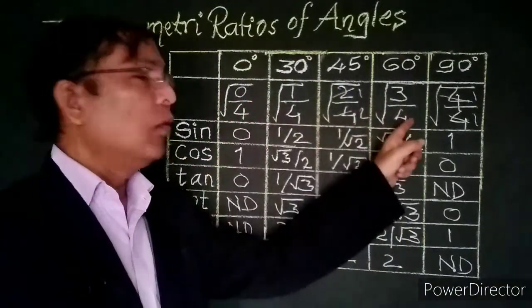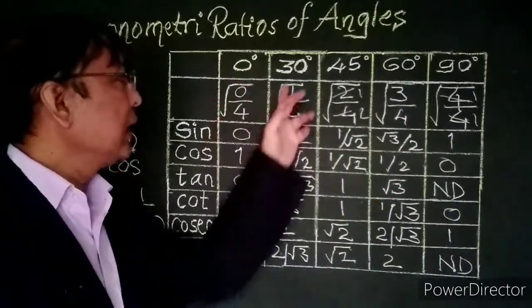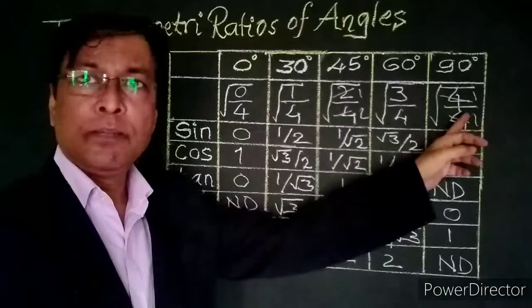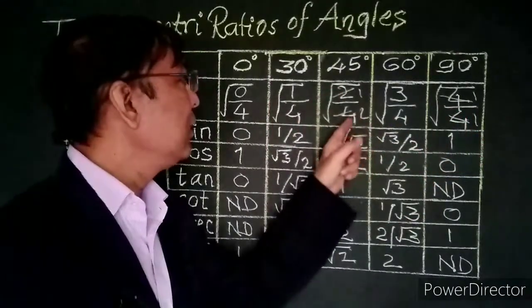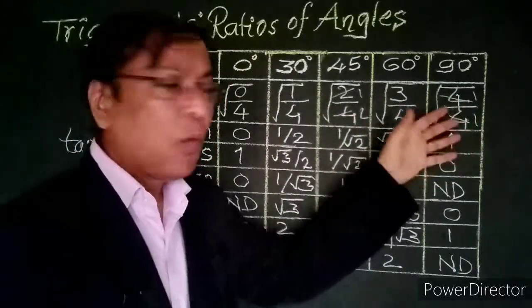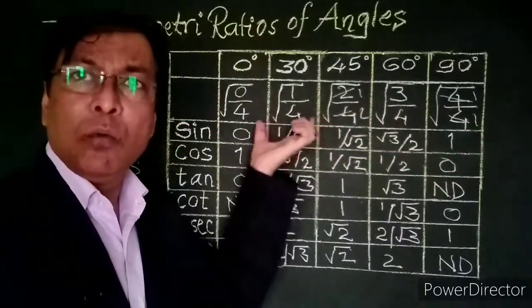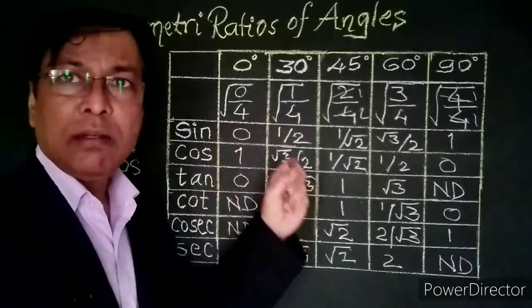Then third step is, we have to take square root sign for each. Then we simplify wherever possible, dividing 2 ones are 2, 2 twos are 4 ones are 4. And whatever values we get here, they are the values for sine theta.